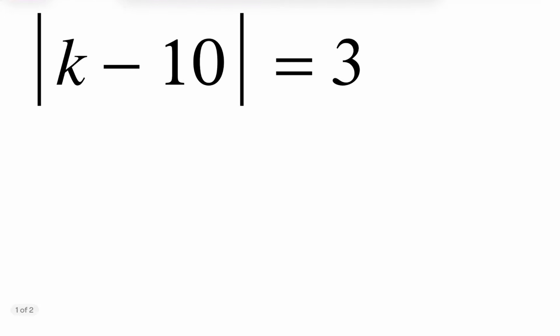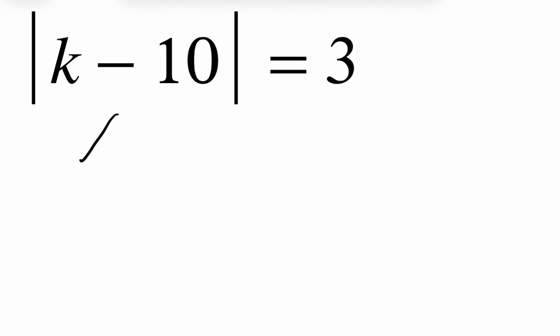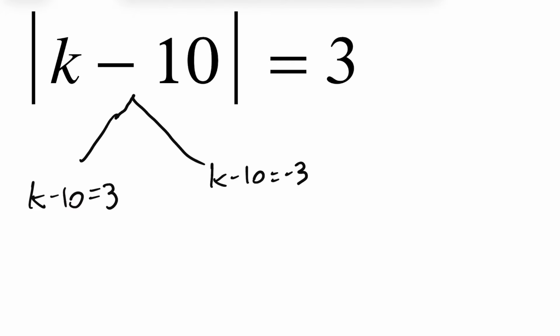Okay, we know that the absolute value of k minus 10 equals 3. So that means whether k minus 10 equals 3 or whether k minus 10 equals -3, either way, the absolute value is going to be 3. So once again, we solve the two separate equations.